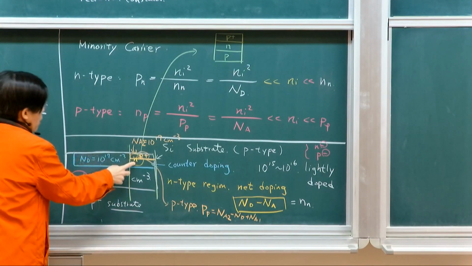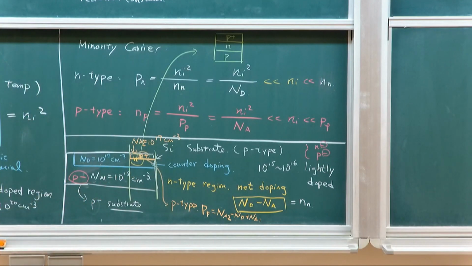So through different modules of counter-doping, we'll be able to form structures like transistors along the way by using these techniques.